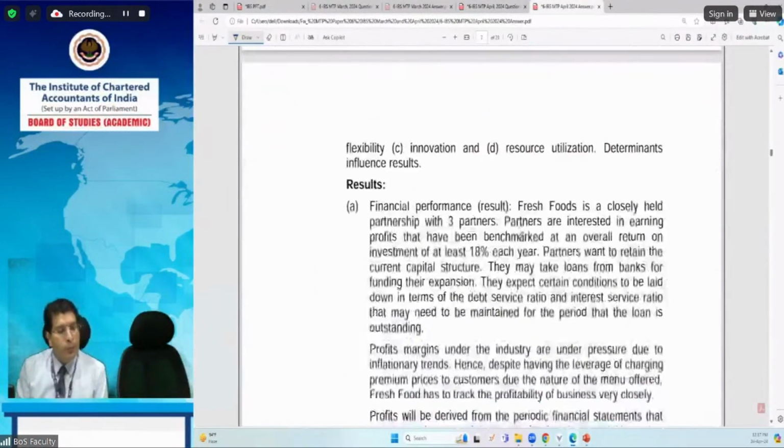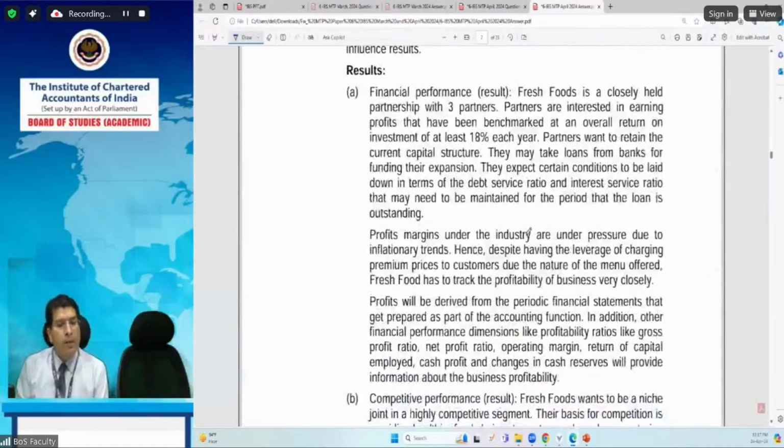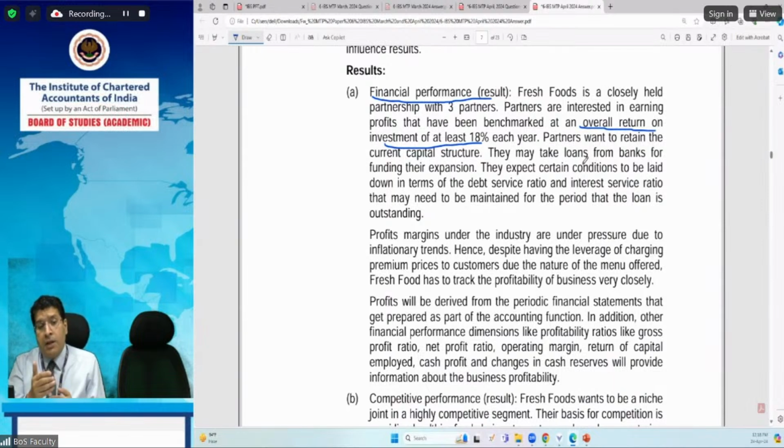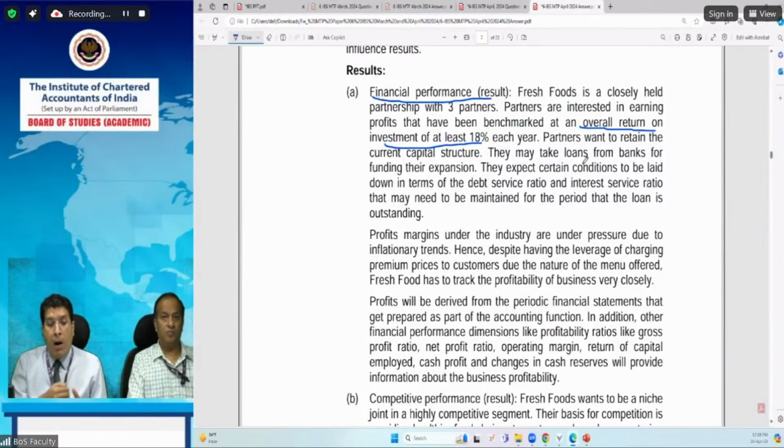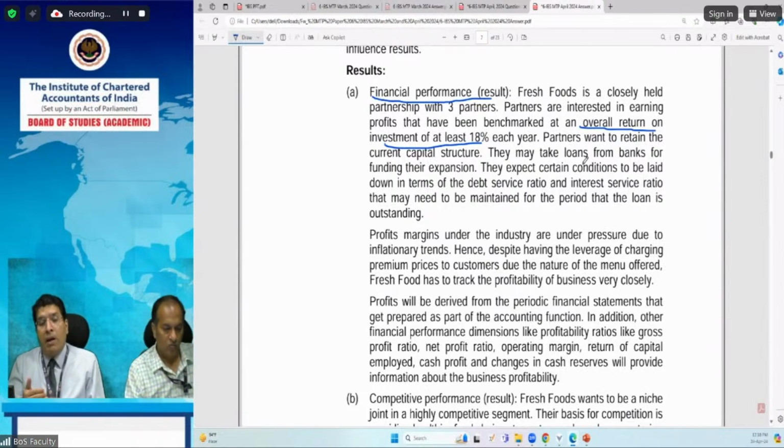Now, see, this is my solution, and this is my first dimension, financial performance. The question discussed return on investment. See this. After this, somewhere the case study also speaks about a loan. The partner wants to take a loan.